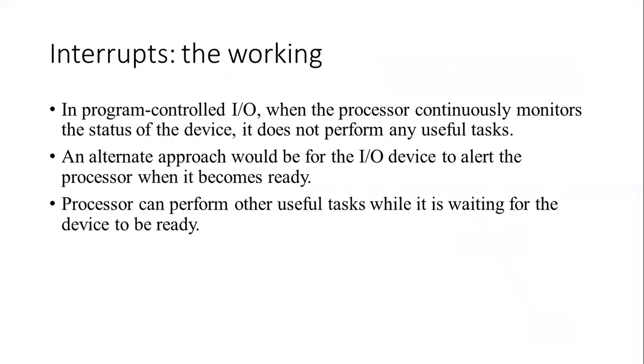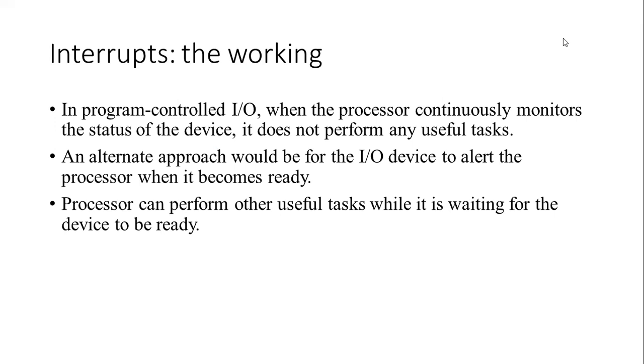As far as interrupt working is concerned, in program control IO, when the processor continuously monitors the status of the device, it does not perform any useful task. For example, you are executing a program and some data is required from an input device, so the processor is waiting for the user to enter it.